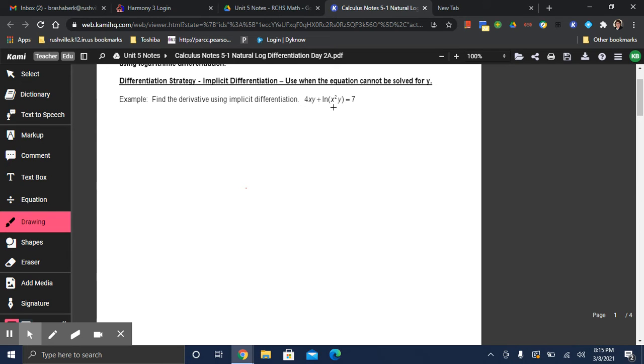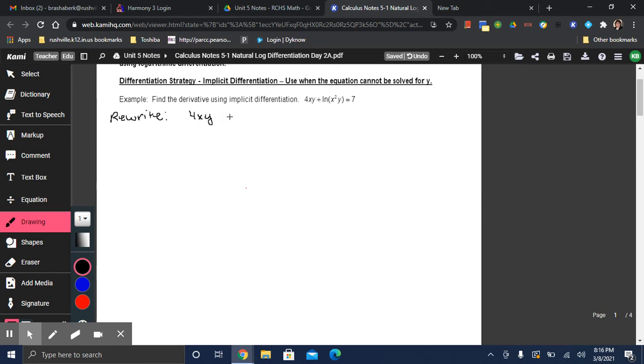So we have 4xy plus the natural log of x squared y equals 7. I do think that we should start with a rewrite on this, because we can take care of this product by rewriting this as a sum. So we'll have our 4xy, we'll have to leave that.